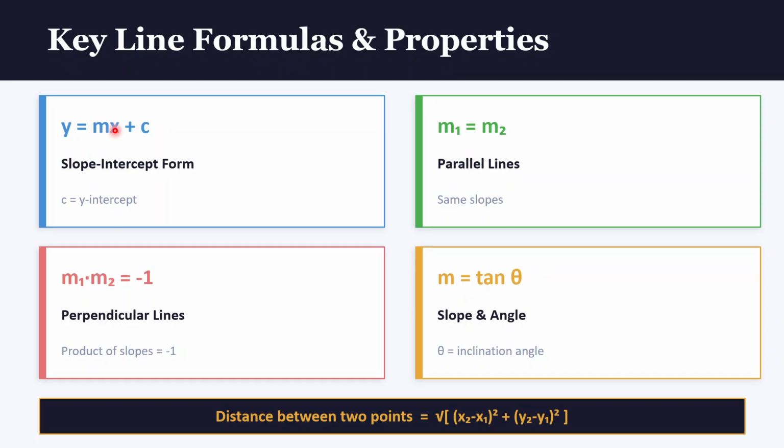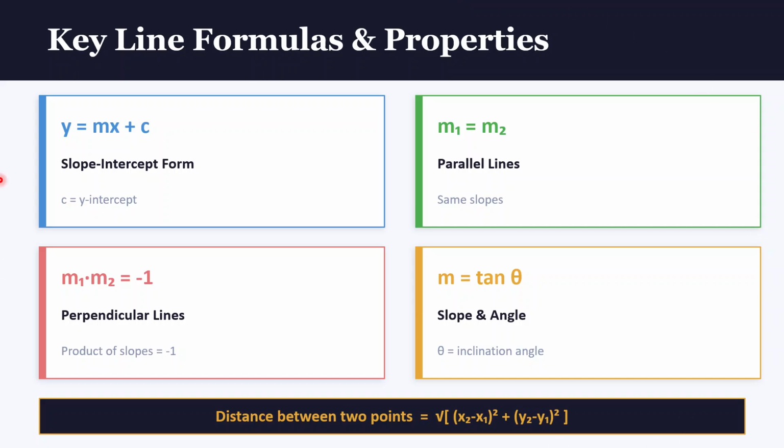The point where the line intersects the y-axis is called the y-intercept, and the x-intercept is the point where a line intersects the x-axis. Not only a line, any graph, maybe a curve or a parabola, doesn't matter.